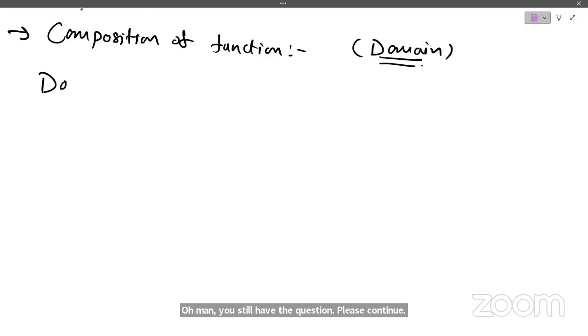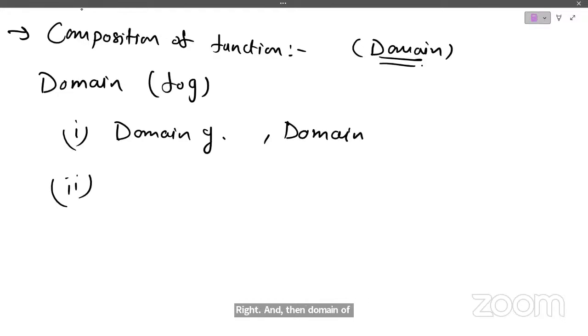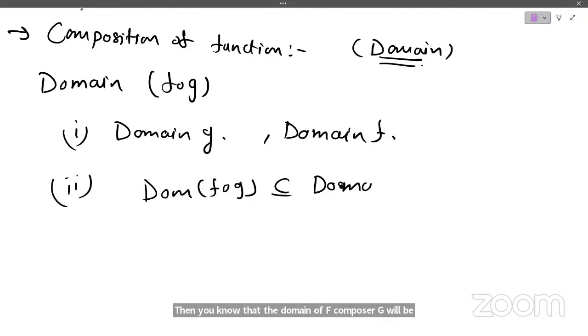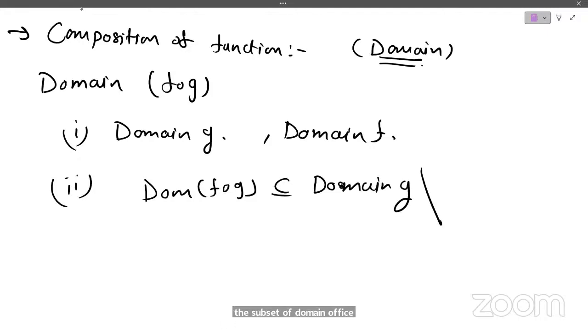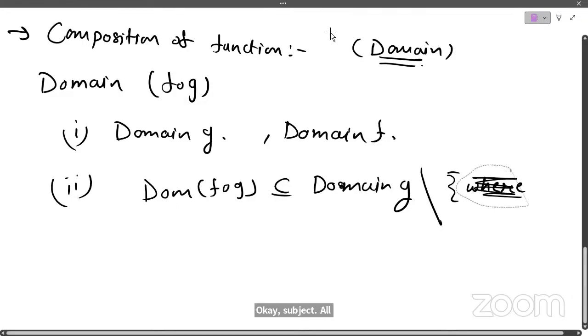Suppose you have to compute the domain of F composite G. Then, as I said, first compute the domain of G and the domain of F. Then you know that the domain of F composite G will be a subset of the domain of G, and you have to subtract all those x where f of g of x is not defined.